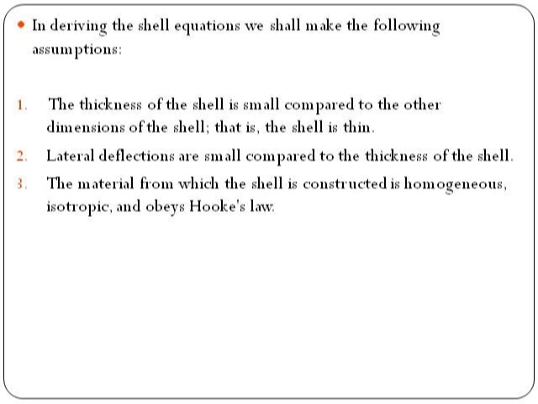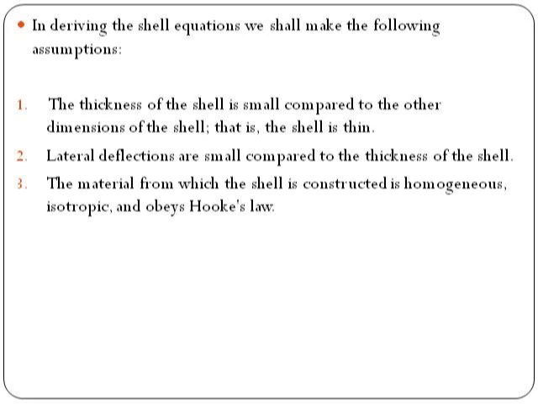In deriving Donnell's equation, we have to make the following assumptions. Assumption number one: the thickness of the shell is small as compared to the other dimensions of the shell. That is, the shell is thin. So we have three dimensions. As compared to length and breadth, the thickness that we consider will be very small.